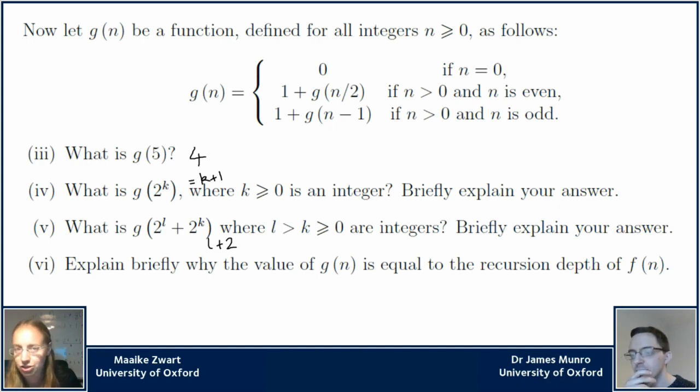So that's why there's 1 plus g of n divided by 2. And same for when n is odd, we make 1 recursive call to get f of n minus 1, plus however many recursive calls it takes to compute that one. So, yeah.